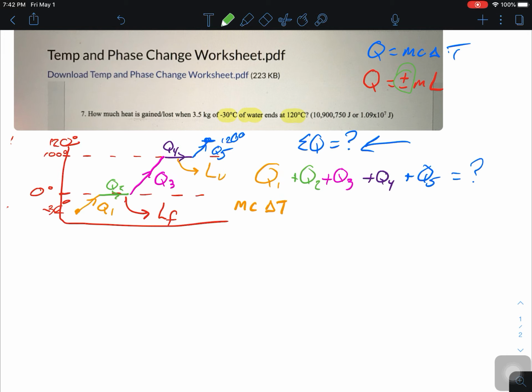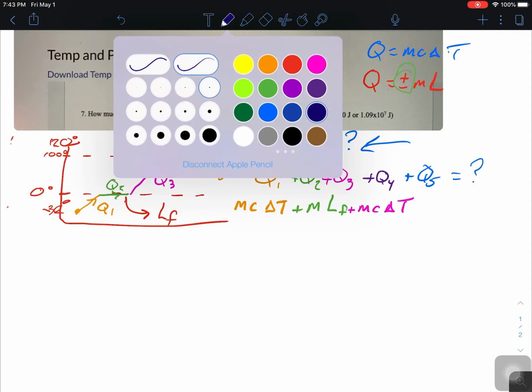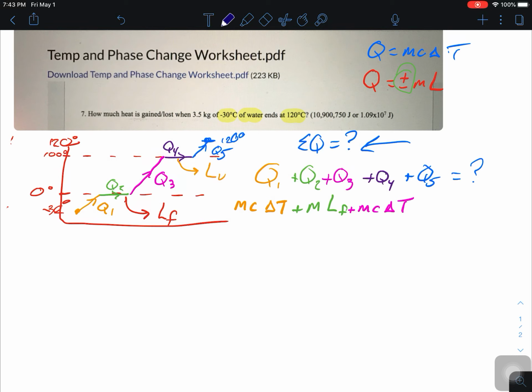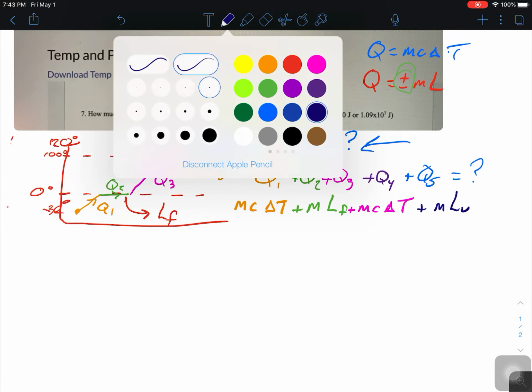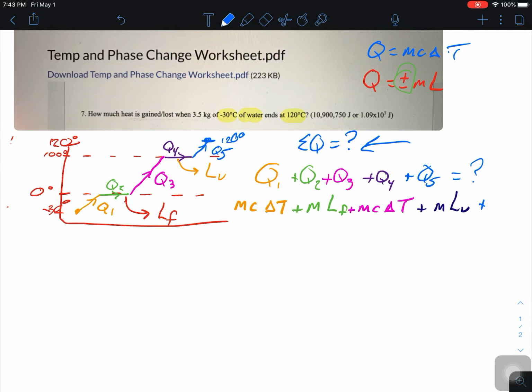And it's gaining heat, so it's going to be plus. And we've already identified that this is latent heat of fusion. Then we look at Q3, that is a temperature change, so that's going to be MC delta T. Then Q4 is a phase change, it's still added, this is M times LV. And then last is another temperature change of MC delta T.